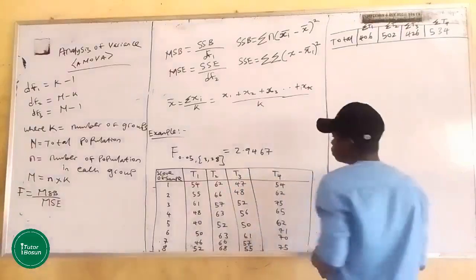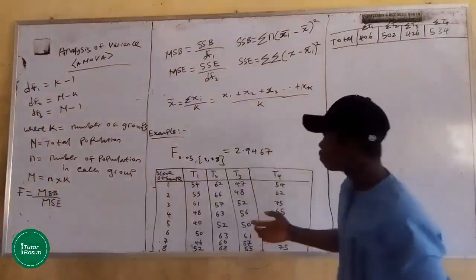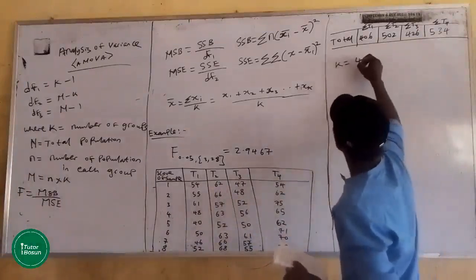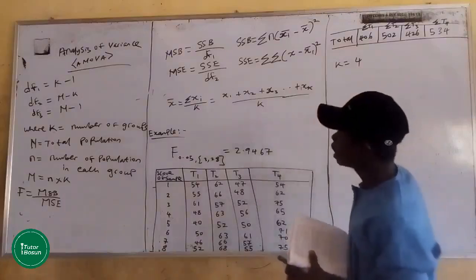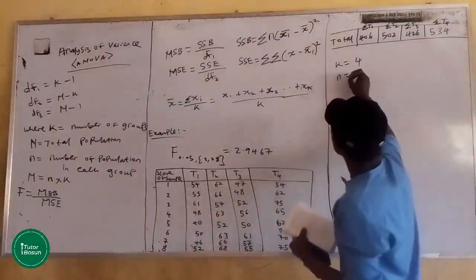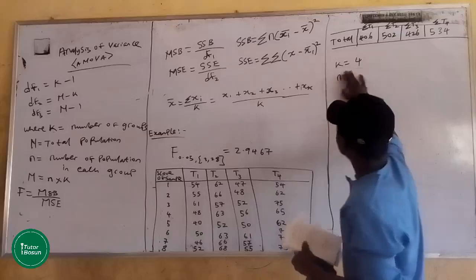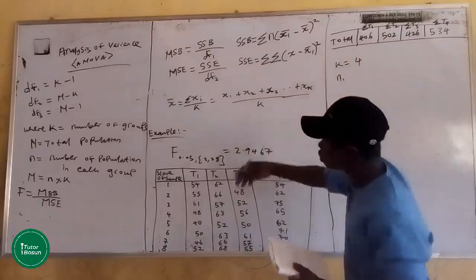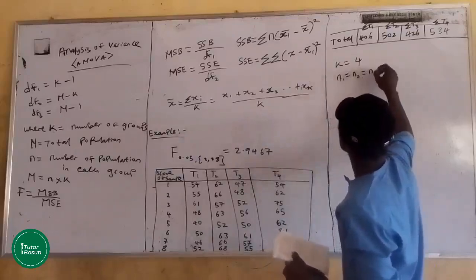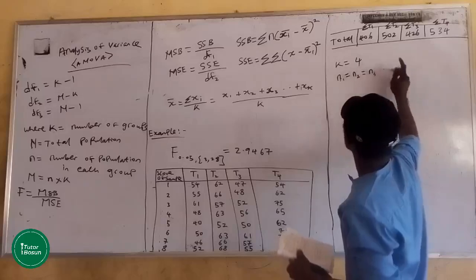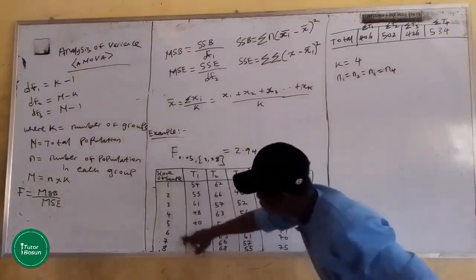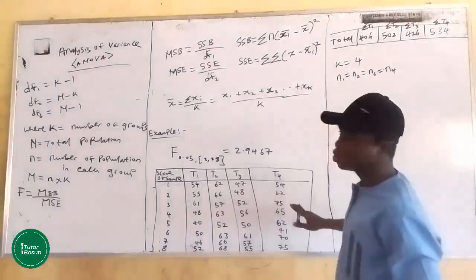So from this table, as you can see, what will be our K? Number of groups 1, 2, 3, 4. So our K is 4. Then automatically, what's our small n? n1 is equal to n2 equals n3 equals n4, because the number of observations is equal for all the groups.